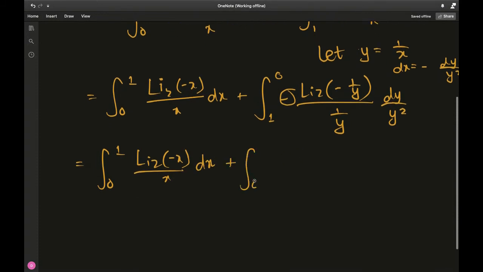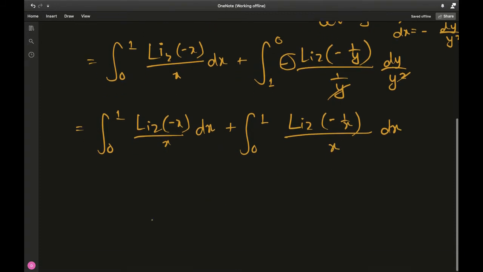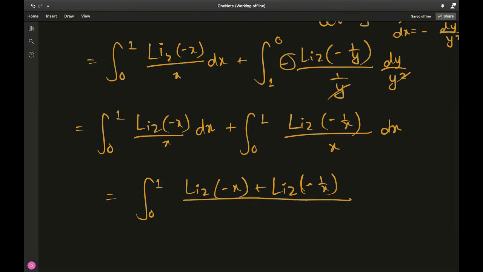So we have integral from 0 to 1. The y's cancel out. We can change again the variable from y to an x, because it's a definite integral. And finally we can club these guys together because they're over the common region of integration. Everything divided by x dx.